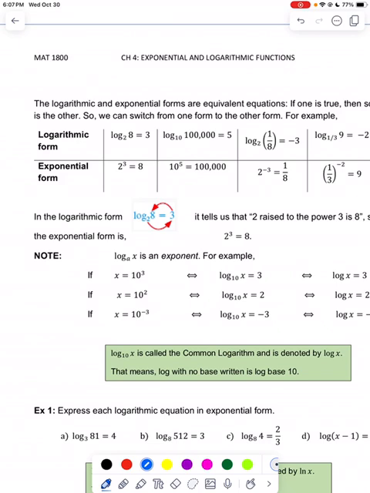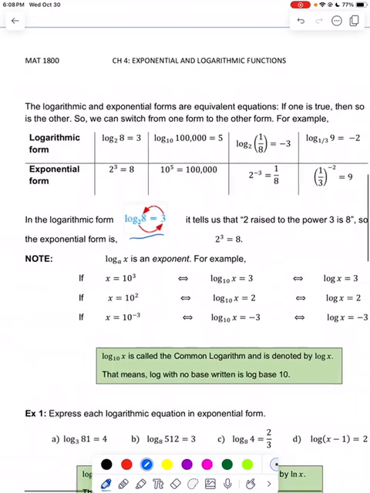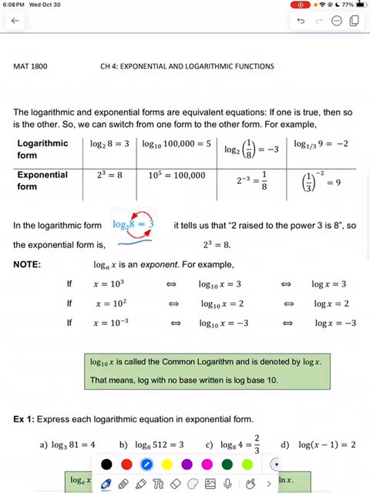We write it as 2 to the 3 is equal to 8. So this is a way to convert: the base raised to the power, which is on the other side of the equal sign in the logarithmic form, equal to 8. So what it is saying is that when 2 is raised to the third power, the answer is 8.